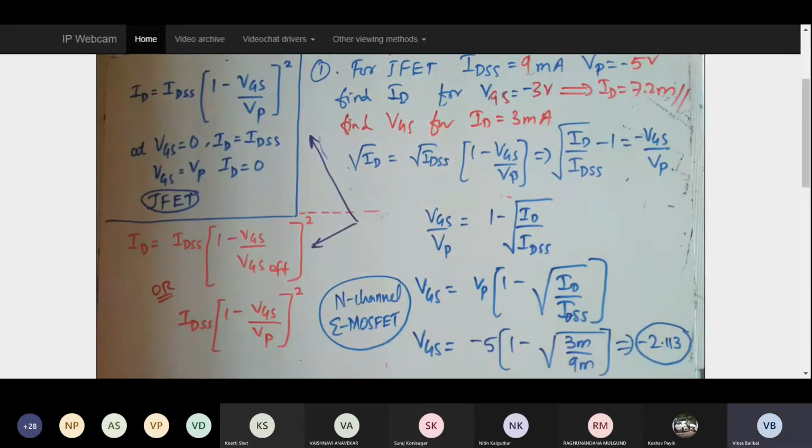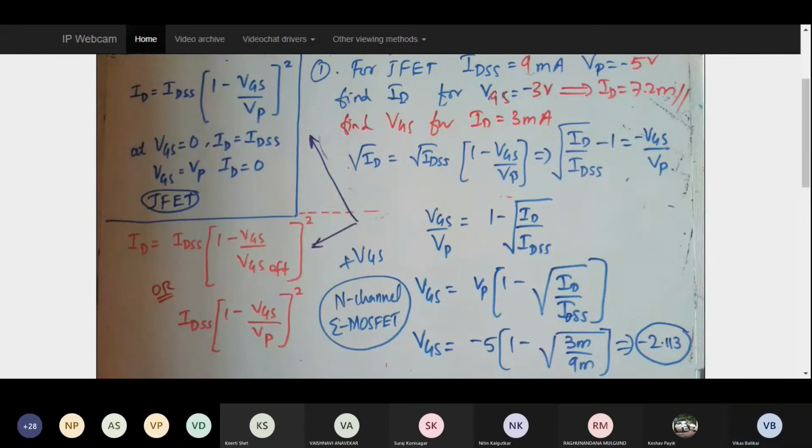See, in an enhancement MOSFET, I should be applying the VGS to form the channel, and that is when I'm talking about an n channel MOSFET. For the channel to form in an n channel MOSFET, I should apply positive VGS. Only then the channel forms. But when I solve this entire expression, if I am getting negative VGS, what does that mean?